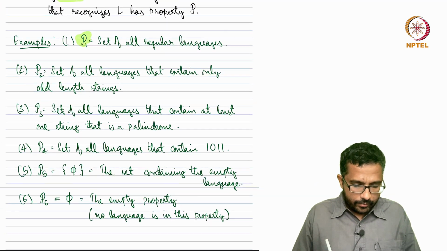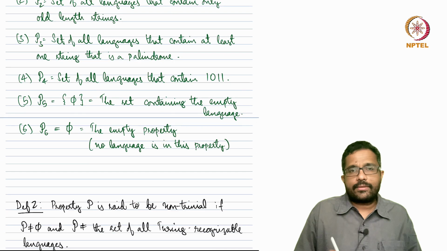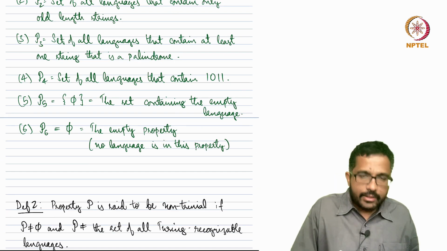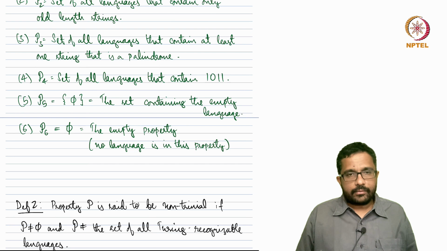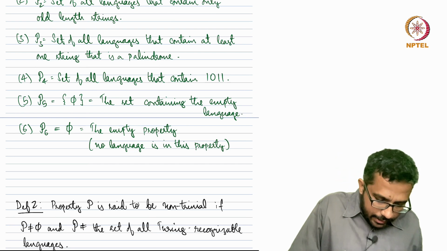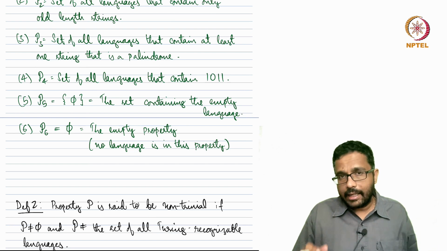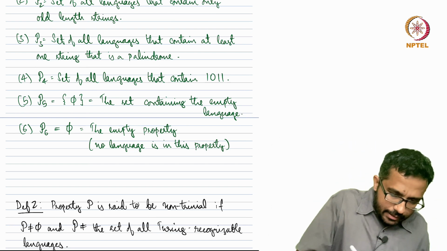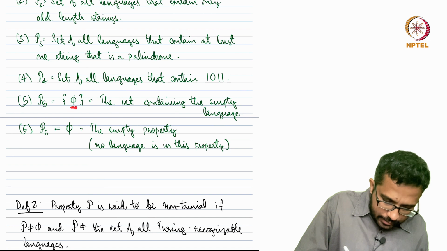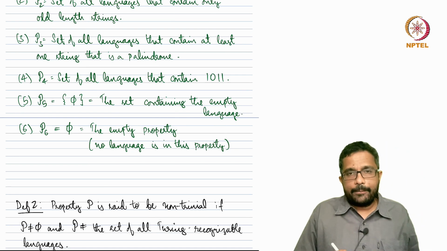If it recognizes the empty language, it satisfies P5, because P5 contains only the empty language. Notice that here there is an empty set contained in a set, the set containing only the empty set, where this empty set denotes the empty language.